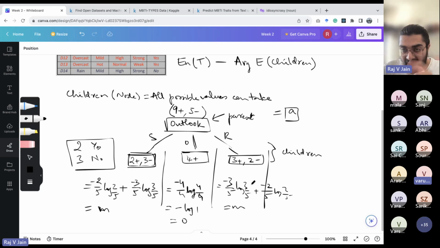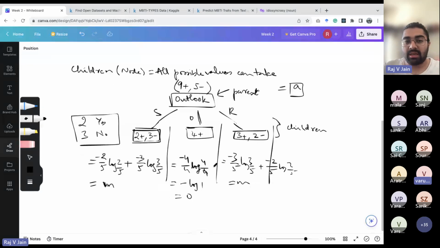Now, when you're taking the average here, we will not take a normal average. We'll take a weighted average, right? The reasoning being that we have more samples here compared to this particular node. So obviously the weightage that this particular node gets should be higher, right?